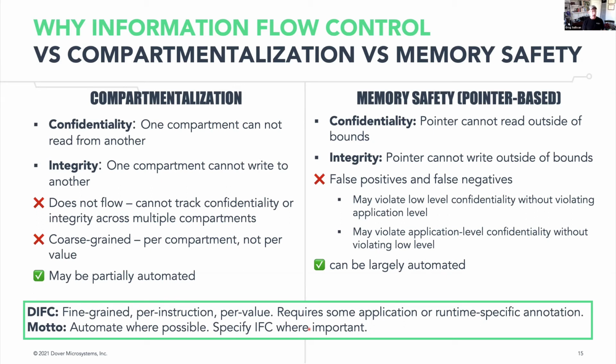So if you only care that no data in the so-called untrusted zone should ever be writable or readable from this code in this trusted zone, or vice versa, fine, if that's all you care about. But if you really care about where data came from or tracking where specific chunks of data are allowed to go, then you want to have this option for fine-grained information flow control. So that's kind of our motto.